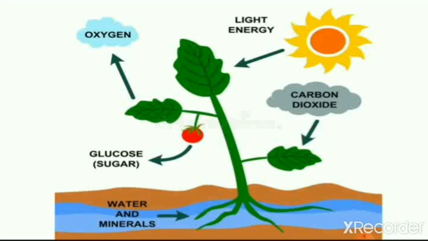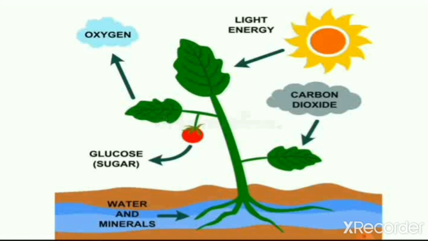You can see roots carry water and minerals to the stem and the stem gives it to the leaf. Then sunlight falls on the leaf and all these things together make food for the plant, and the leaf obtains carbon dioxide from the atmosphere and gives us oxygen.